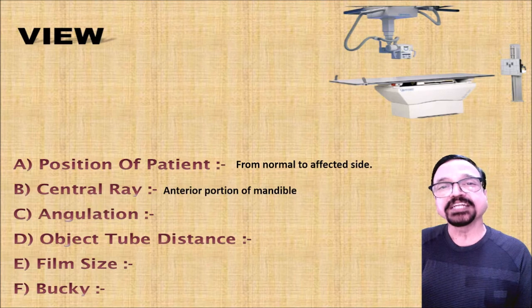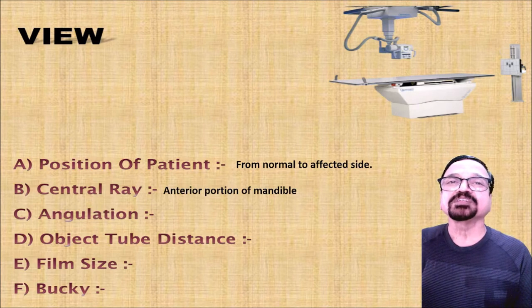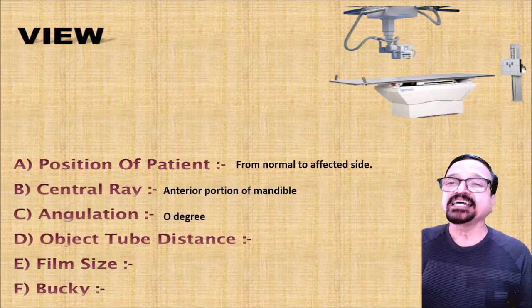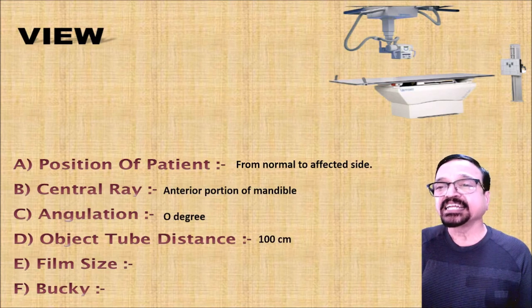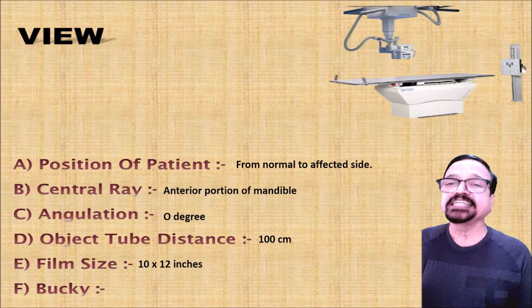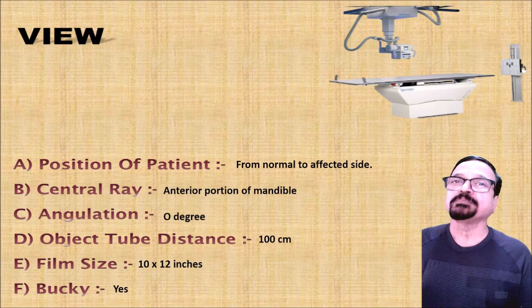If the patient's pathological side is right, the right side touches the cassette and the central ray is centered on the left side over the area of the mandible, that is the TM joint or just a little below it depending on the pathology. The anterior portion of the mandible is the center we make. Angulation is 0 usually here, and the distance is 100 centimeters. Film size is 10 by 12 and the bucky is sometimes used or sometimes it may not be used.